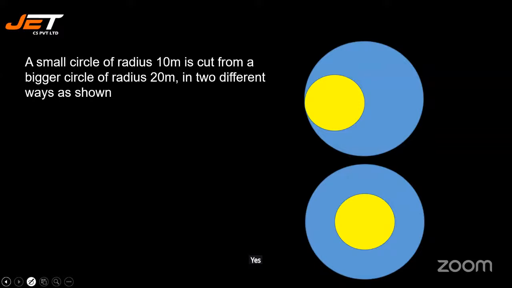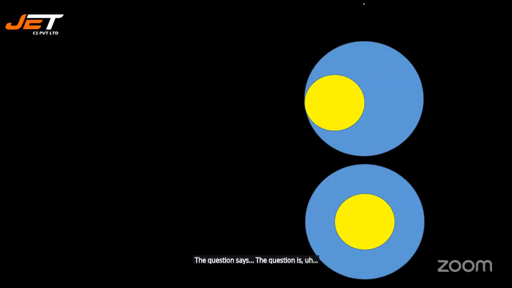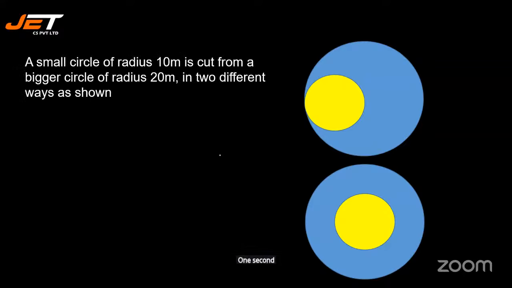Yes. See here. The question says, a small circle of radius 10 meter is cut from a bigger circle of radius 20 meters in two different ways as shown.